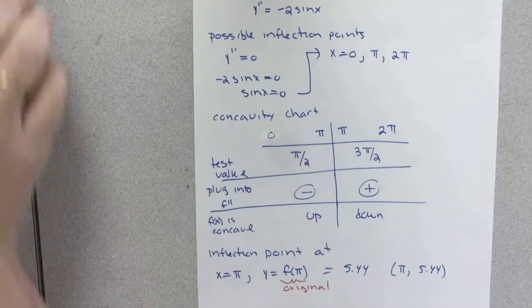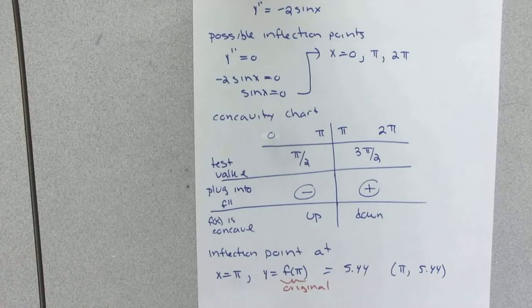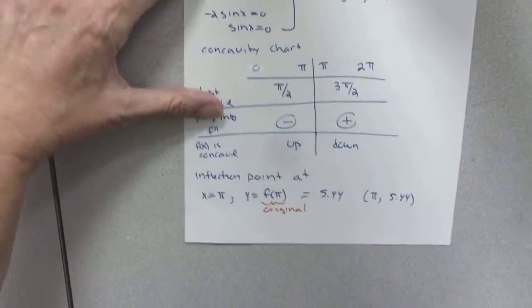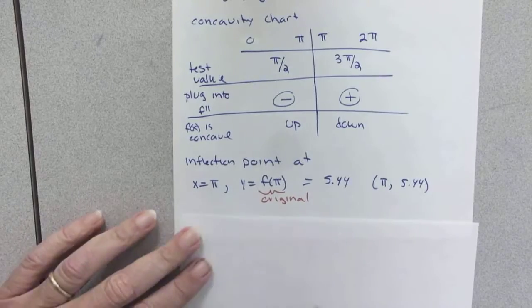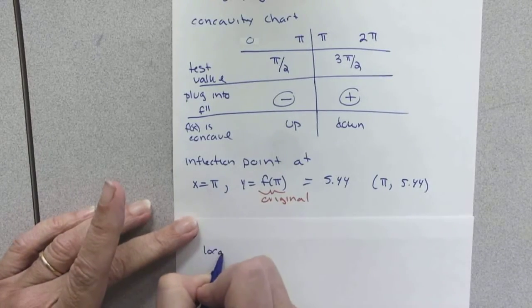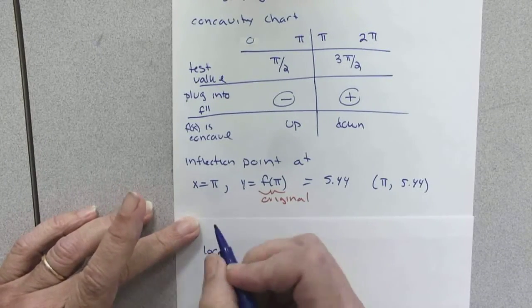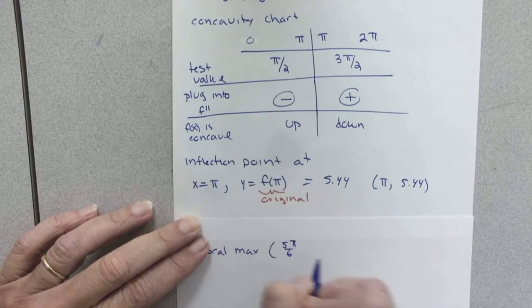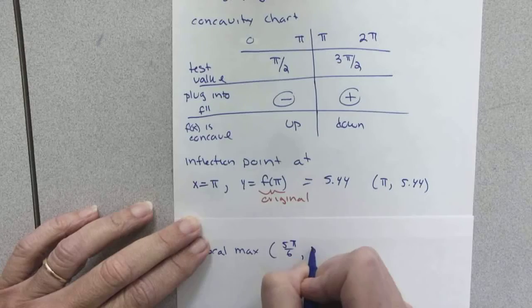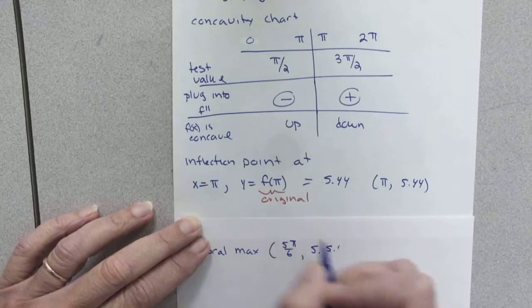Now it's time to put a graph together. So I'm going to go on the next piece of paper and write down the important stuff I found. I found that we had a local max at 5 pi over 6, 5.54.